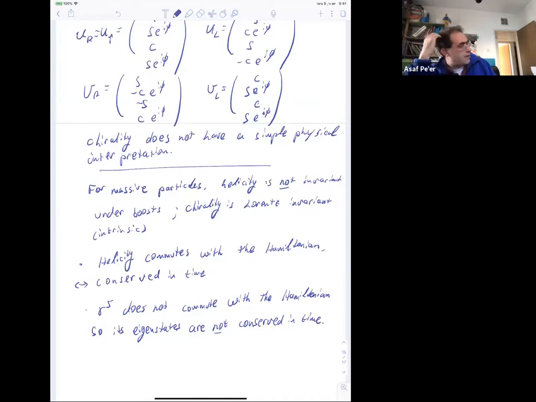I think the main purpose in this course is that you be aware that these things exist, and we make some use of those. Obviously, conserved quantities are important when it comes to calculating which processes occur and which do not.